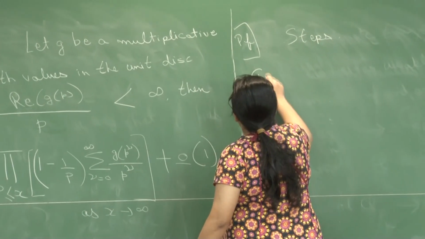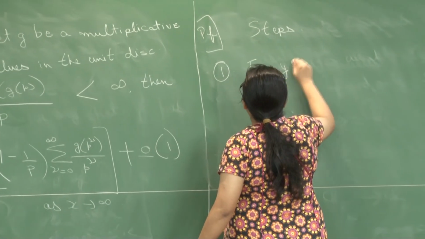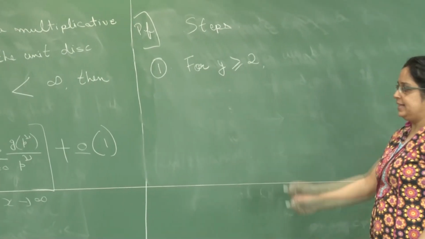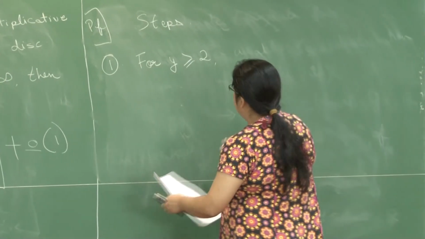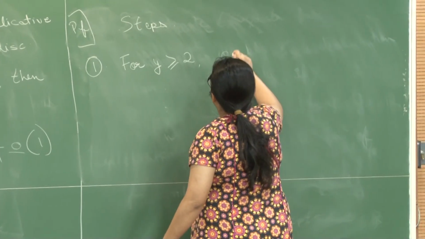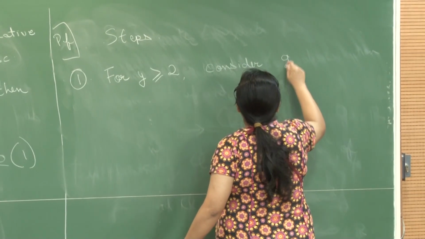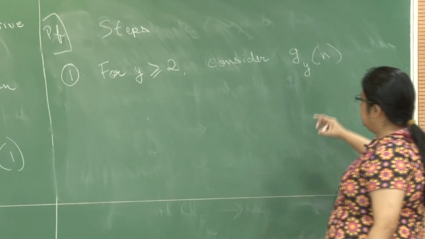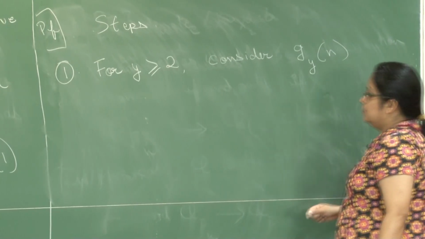So step 1: for each y, let us take any y and fix it. Let us consider the multiplicative function coming from g of n in the following way. We denote this as g sub y of n.